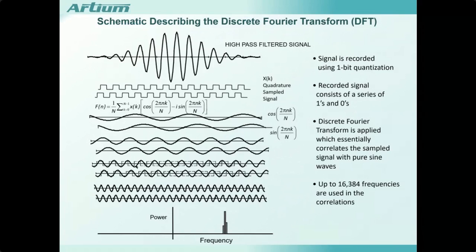And in that case, the real and imaginary components show a strong product or power, and in the power spectrum, we get a strong peak. And that peak leads to defining the frequency of the signal.